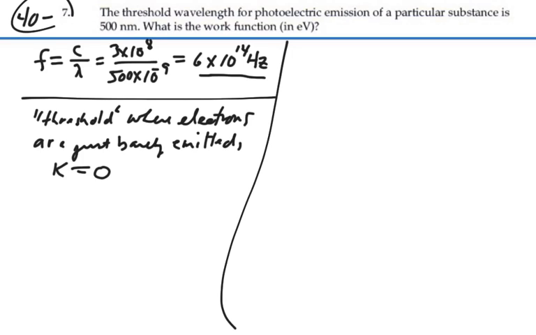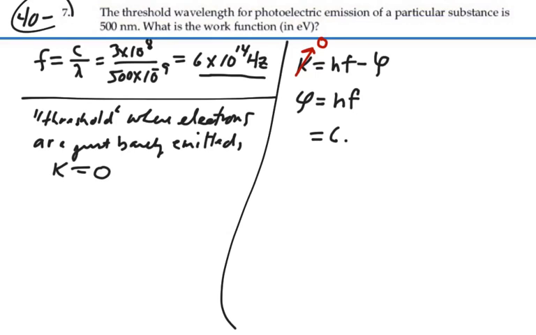Well, we know in general that kinetic energy is equal to Planck's constant times the frequency minus the work function. But in this case, if the kinetic energy is 0, where they're just barely being emitted, then our work function is going to equal Planck's constant times the threshold frequency.